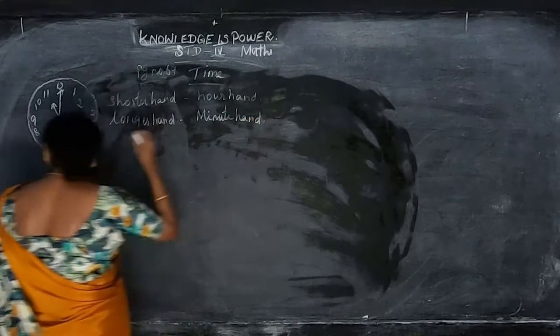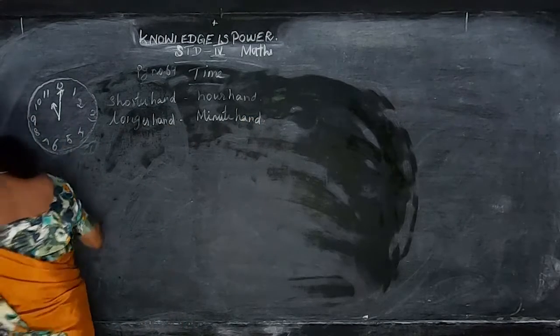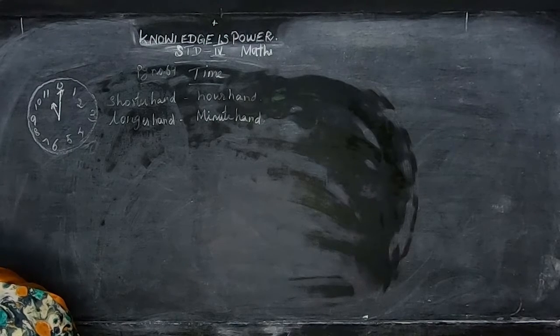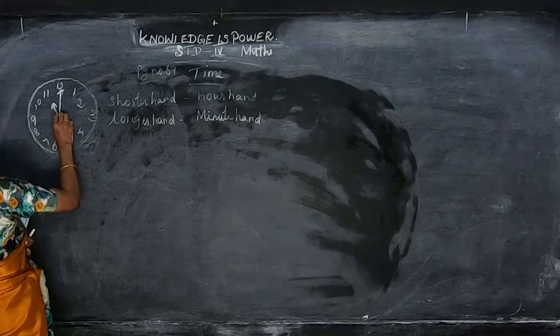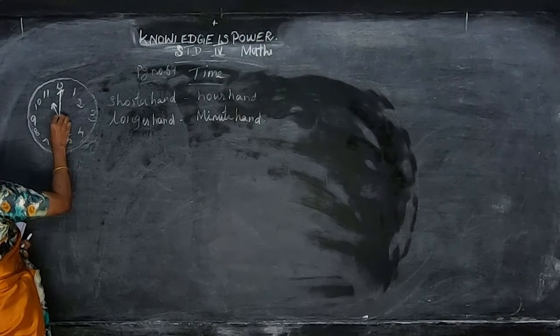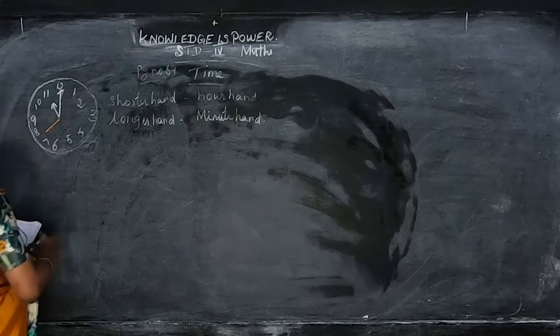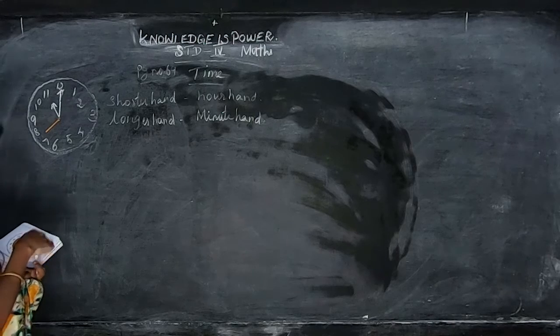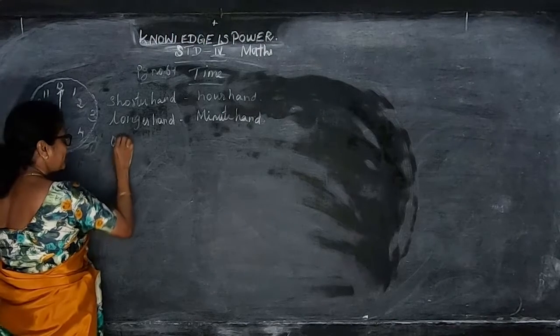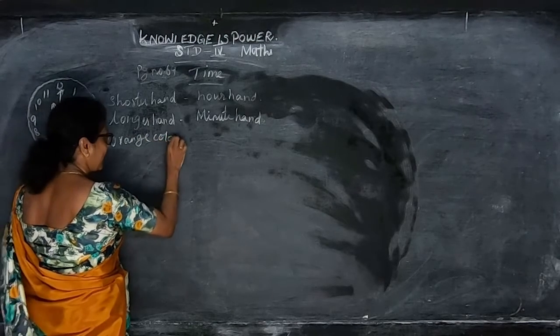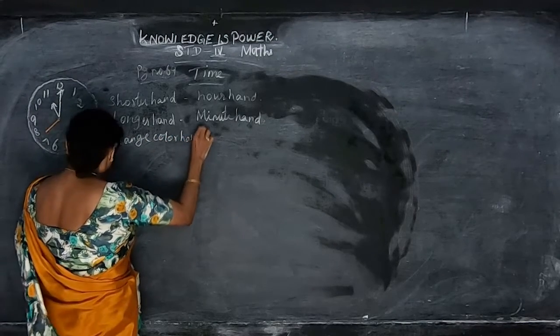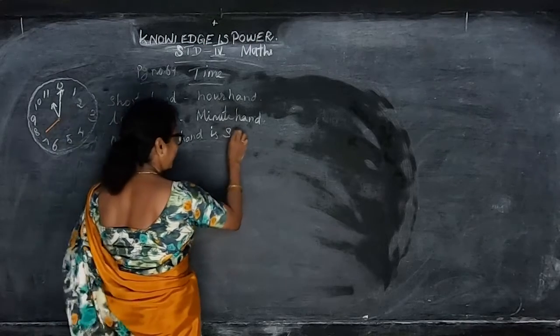And here one more smaller hand will be here. So this hand is the second hand. Orange color hand is the second hand.